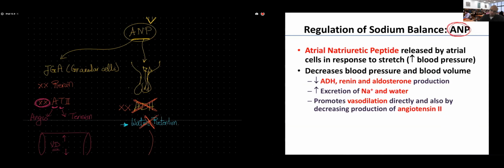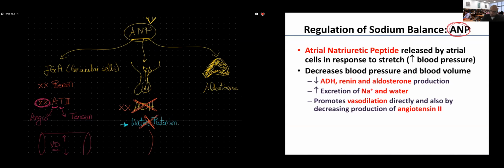A third target organ for ANP will be the adrenal cortex. And if you remember, the adrenal cortex was releasing a hormone called aldosterone. And the aldosterone was responsible to do what?